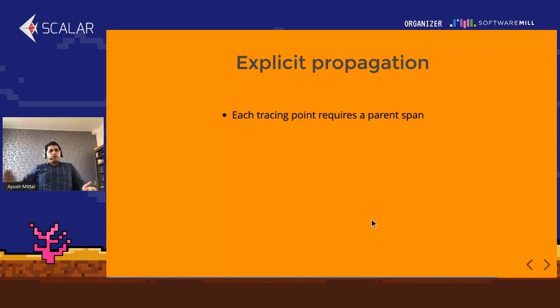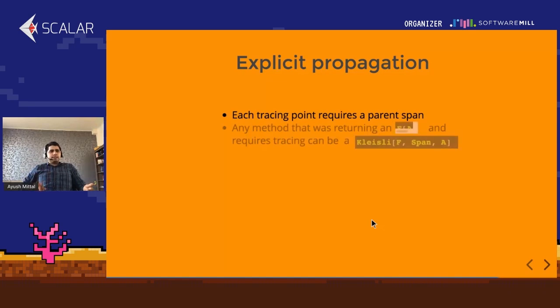So what does each trace point do? Each tracing point basically requires a parent span to be present, and we are passing it using method parameters.